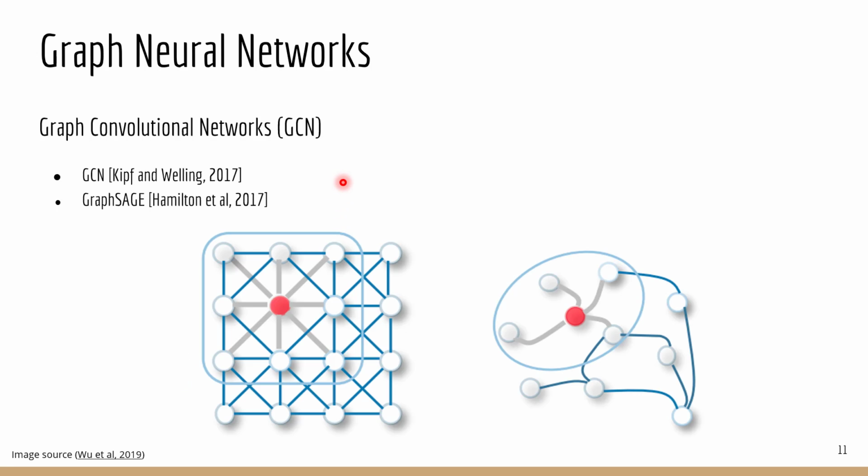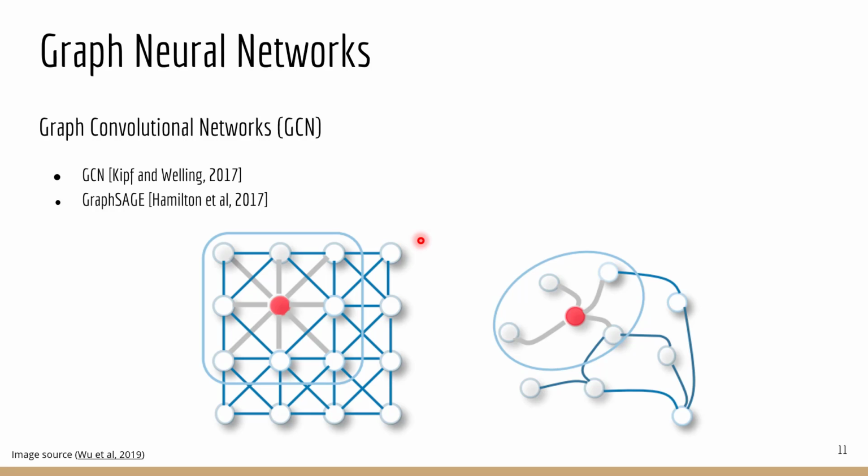Another category of graph neural networks is called graph convolutional networks, or GCNs in general. The name comes from computer vision and from convolutional networks. And these models have the ability to address the scalability and generalizability issue of autoencoder-based models.